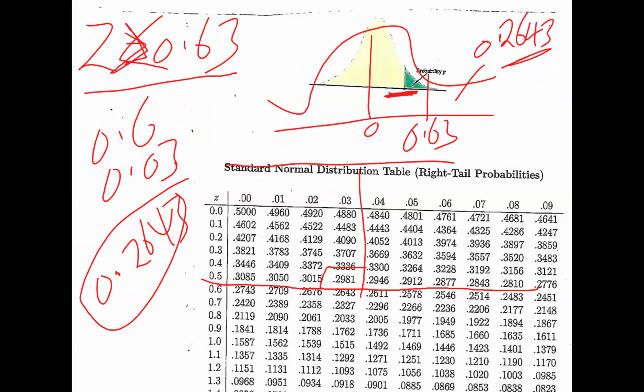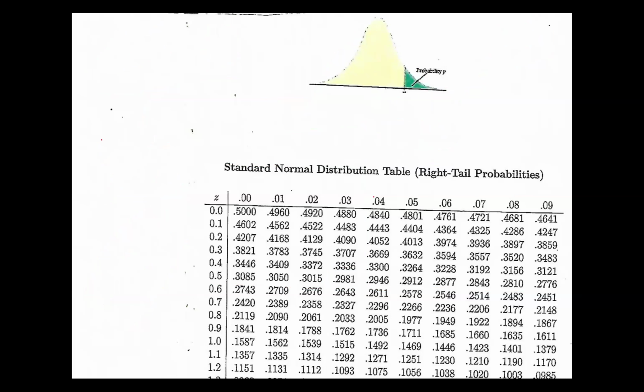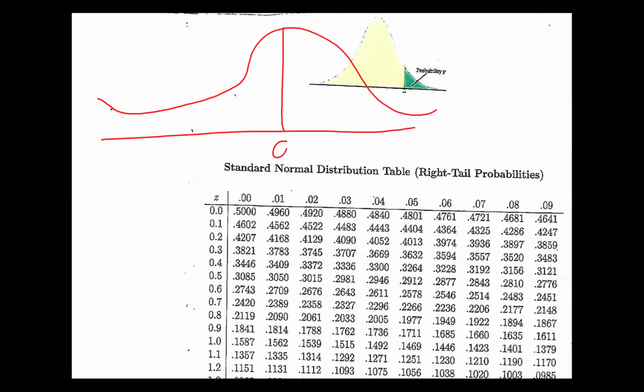Okay. Let's proceed then to the last one. The last one was like this. Look at the way it was. It was 2 parts. There was a part which was 0.63, and which other area? 1.25.